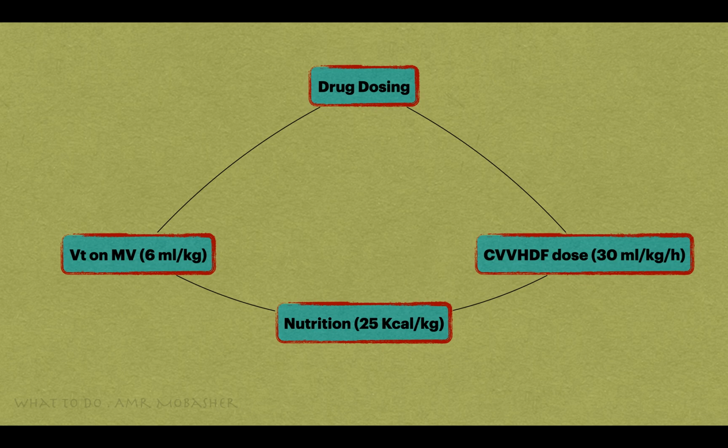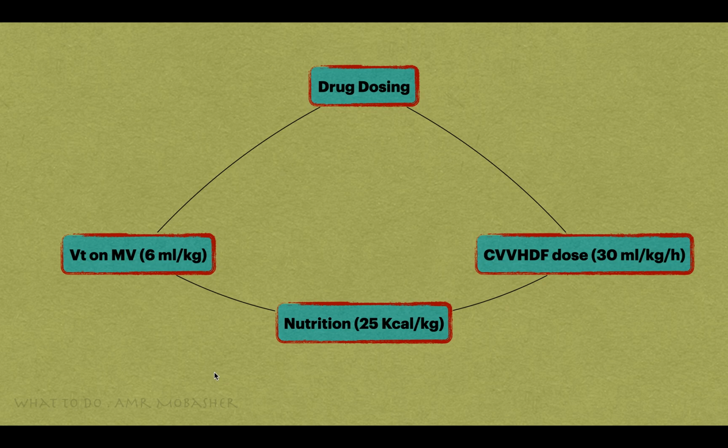The problem is that using the total body weight in morbidly obese patients can cause serious complications like drug overdose, overfeeding syndrome, and barotrauma. So that's why we need an estimate, or let's say a rough estimation, for his lean body mass.